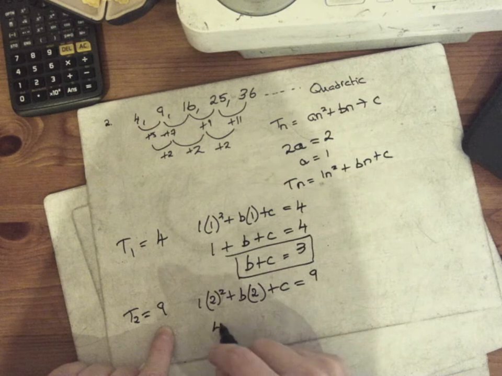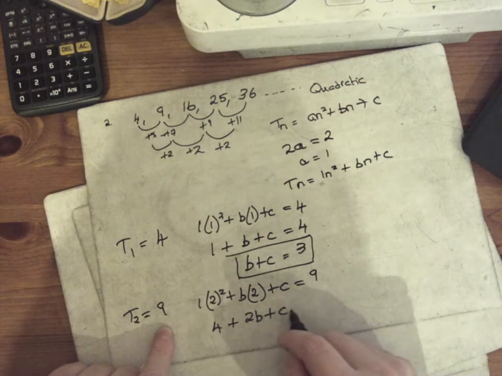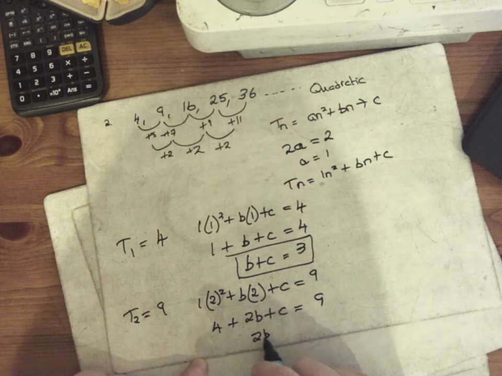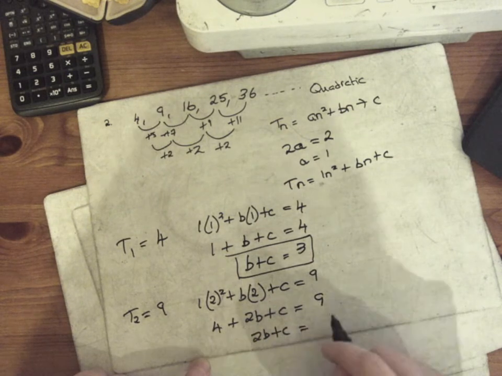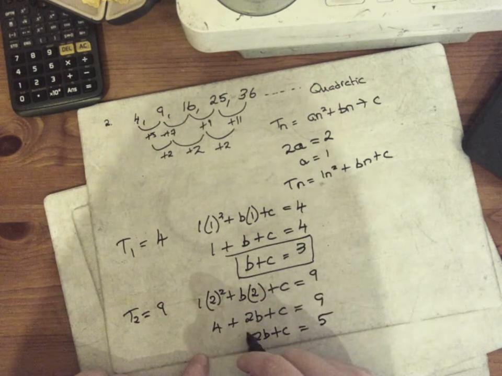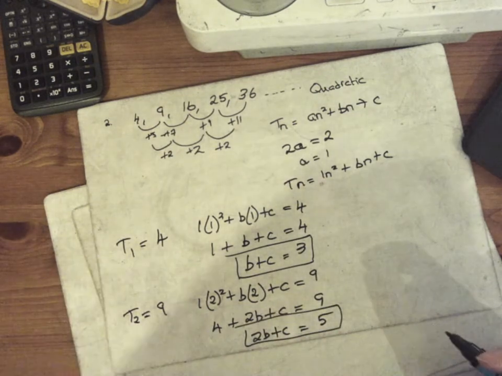So that's 4 plus 2b plus c equals 9. So that's 2b plus c equals 9 minus 4 when it comes over, so 9 minus 4 is 5. There's your second equation for your simultaneous equations.